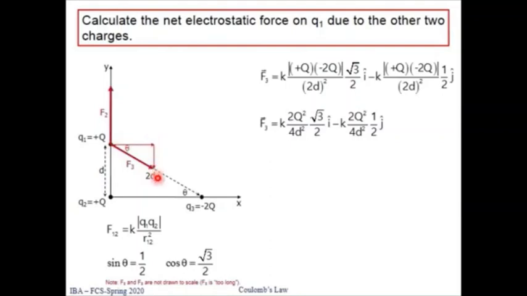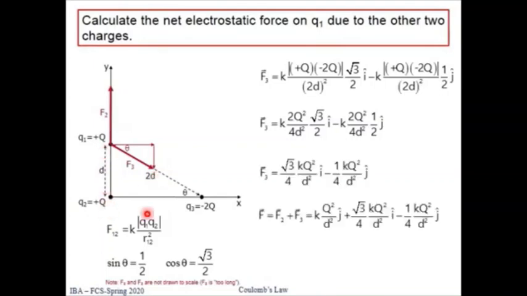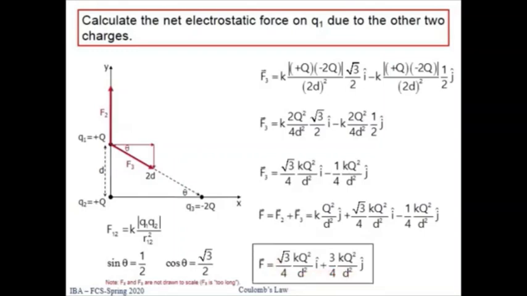Let me add both vectors F2 and F3, and then we get the force on Q1 due to the two charges Q2 and Q3. This is just addition algebra. You can just add up vectorially, and finally we will have a force with two components, an x component and a y component. So this is our final result.